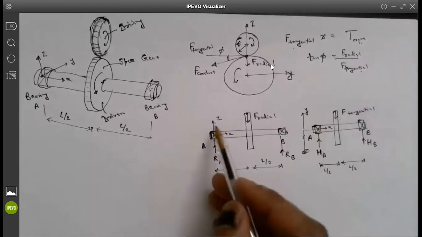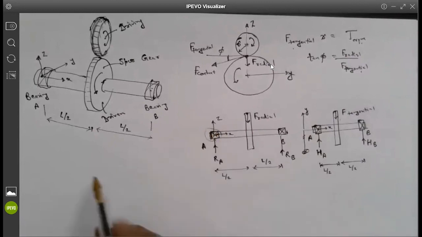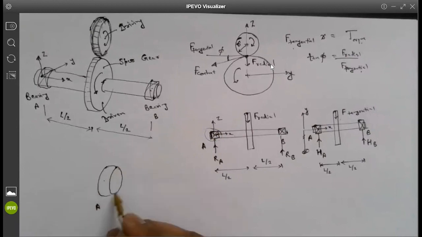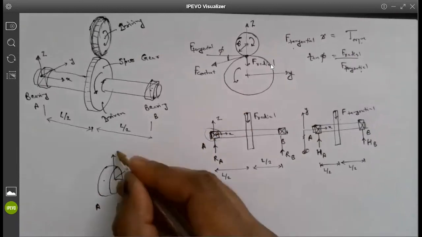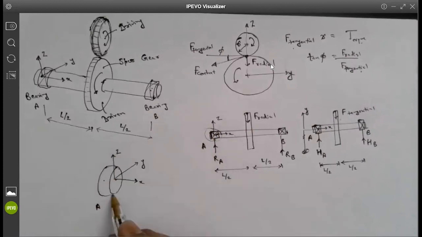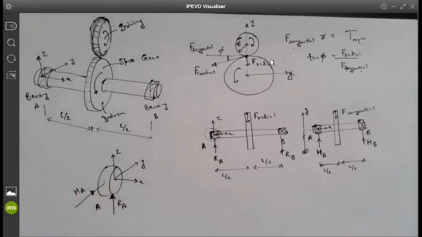Now what we have to do from the bearing point of view is look at this specific bearing location A. This is A, the bearing at A. This is your X, this is your Y, this is your Z axis, and what this bearing is getting is the radial reaction RA in the XZ plane, and it is also getting HA in the XY plane. Are you guys following it so far?